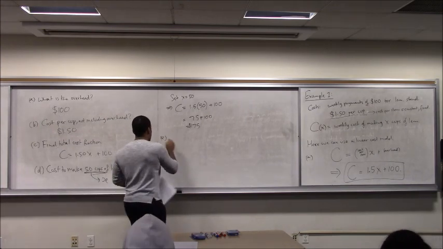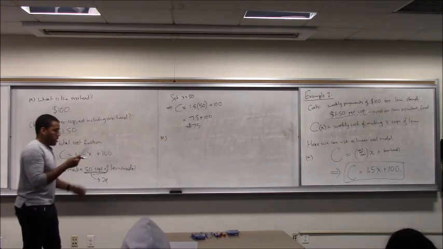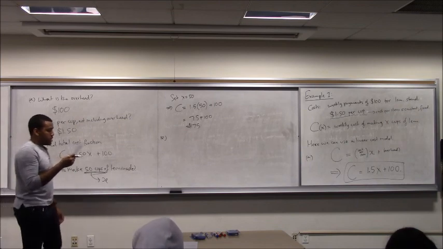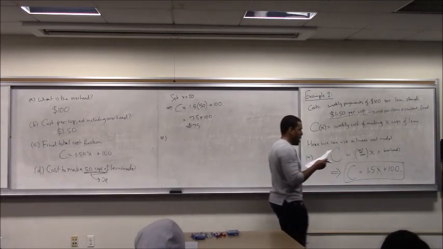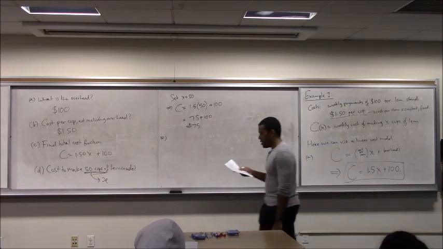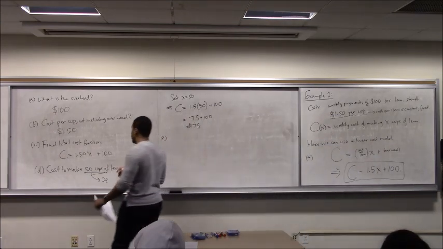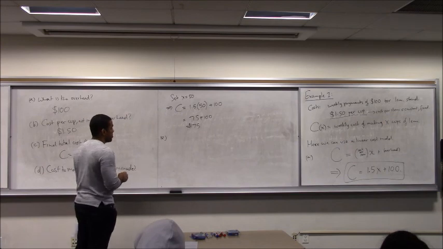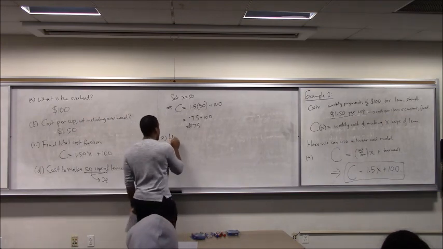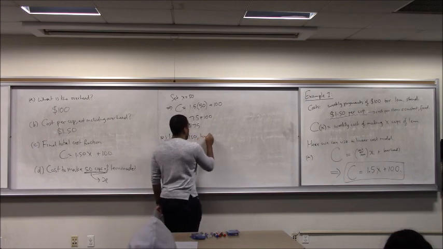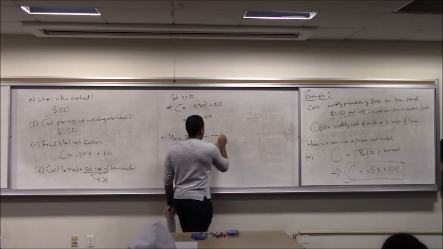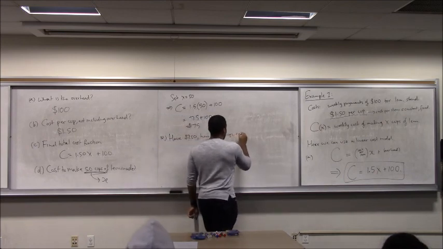E. Let's say Javon has $250 to put in his lemonade stand business this week. How many cups of lemonade can he make? We have 250. How many cups can you make this week?